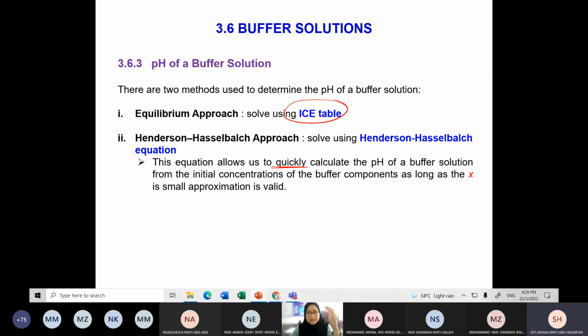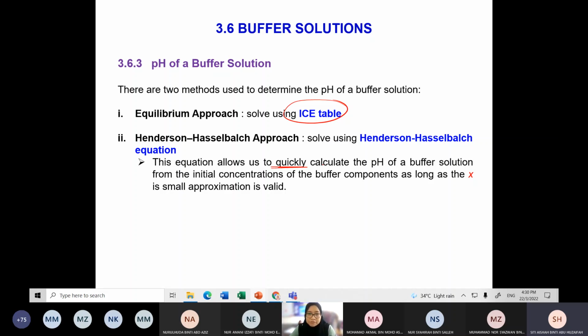But if you are using the conventional ice table, maksudnya kita tak assume apa-apa, kita proceed as is. Kita tak abaikan the X value and whatnot. Kita proceed for calculation of X, and then throughout kita calculate the pH.